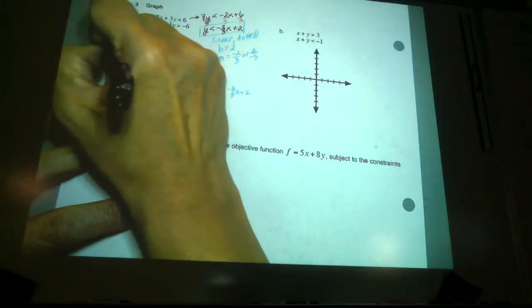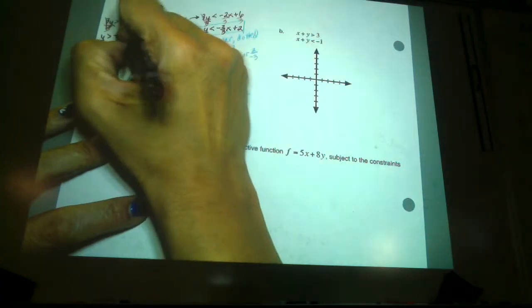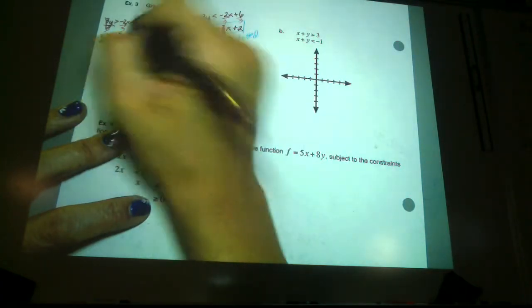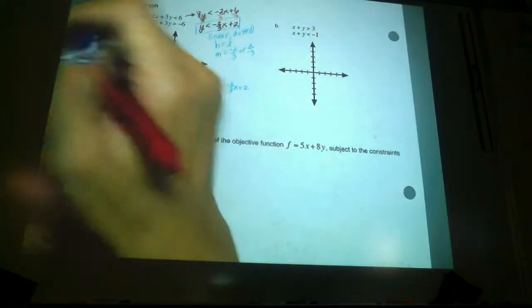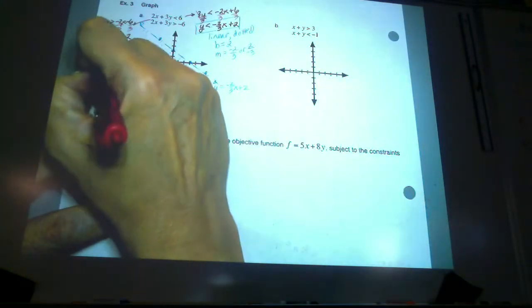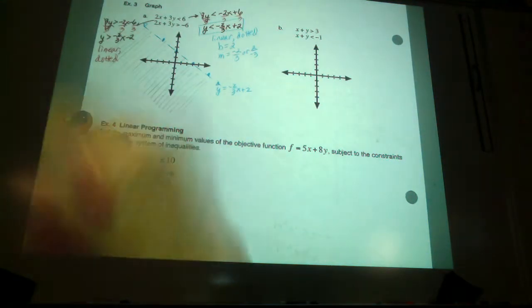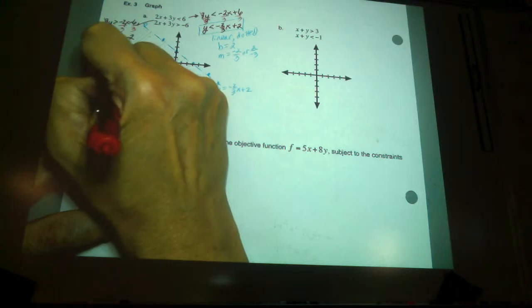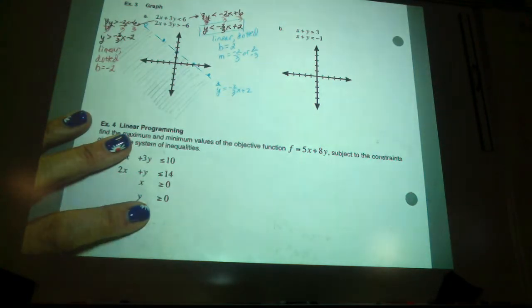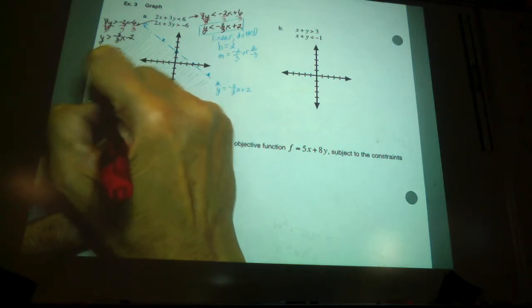I get y is greater than negative 2/3 x minus 2. So this is also linear. Is it solid or dotted? Dotted. What's b? So this time it's negative 2. And then m is the same. So what does that tell you?